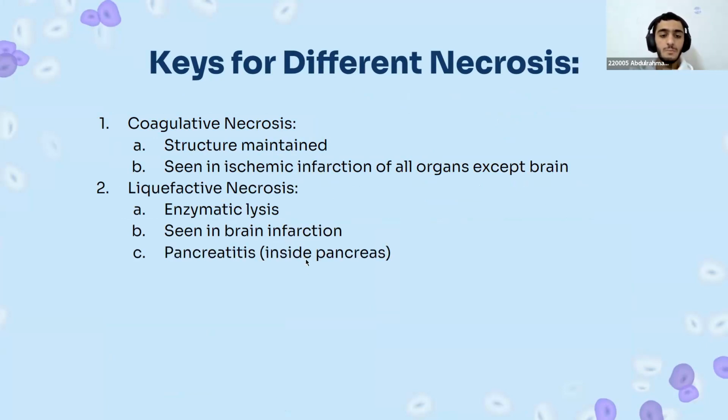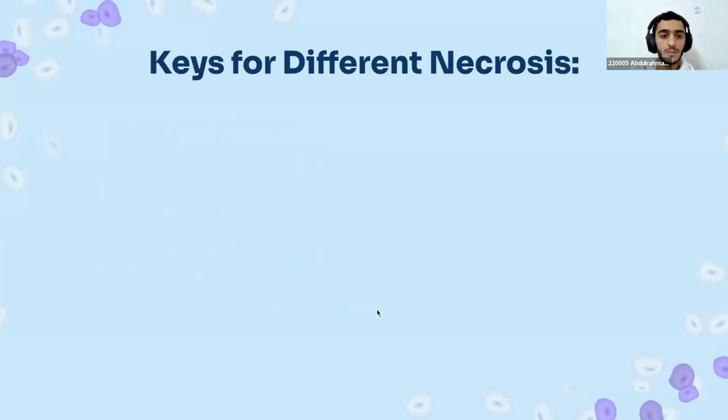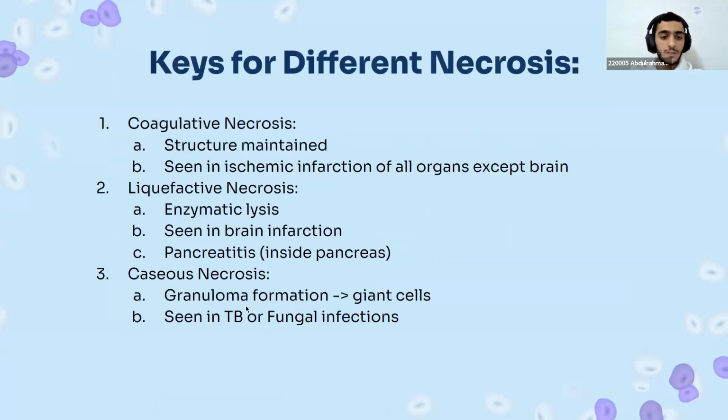It's also seen in pancreatitis if it was inside the pancreas. Caseous necrosis is always associated with granulomas and giant cells. For those of you that didn't actually see it, it's basically this thing right here. This is a giant cell, and we refer to this one as the horseshoe giant cell because it looks like a horseshoe. So caseous is granulomas, giant cells, and it's seen in two situations, TB or fungal infections.